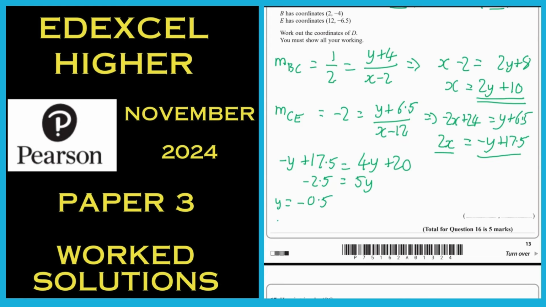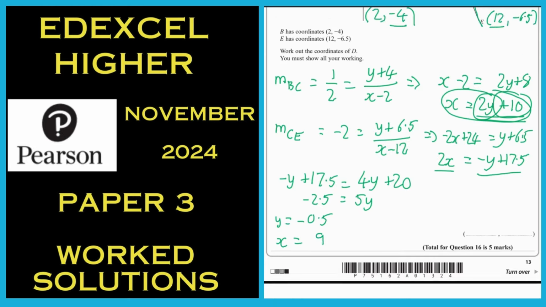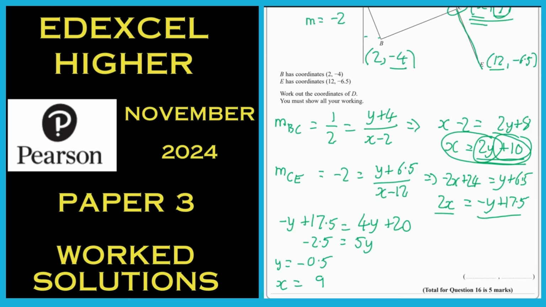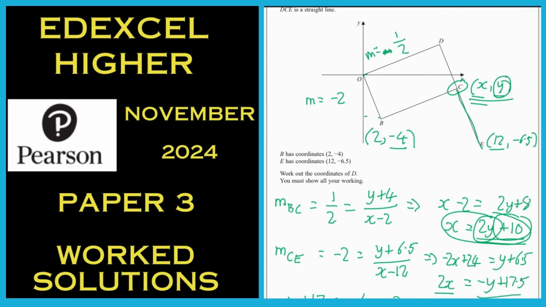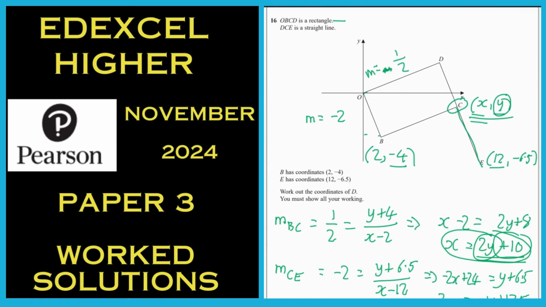And if we go back to an original equation, x equals double the y value, that gives you negative 1, plus 10, we get the value of 9. Now let's go back to our graphic.